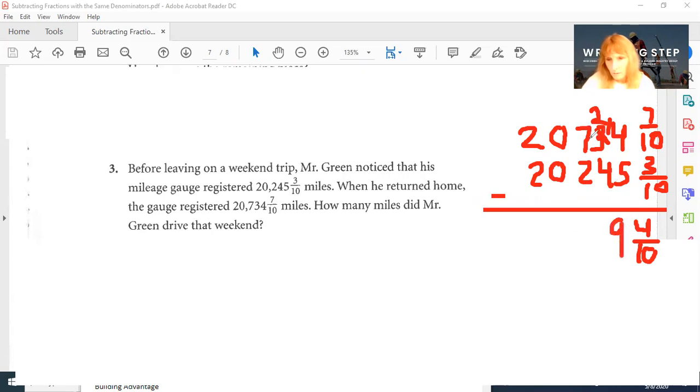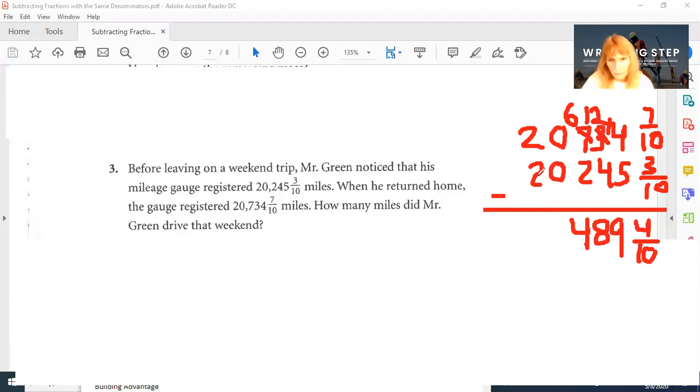2 from 4 you can't do, so you borrow from the 7 and make it a 6. This becomes 12. 12 minus 4 is 8. 6 minus 2 is 4. 0 minus 0 is 0, and 2 minus 2 is 0. So am I done? No, I still need to reduce the 4/10.